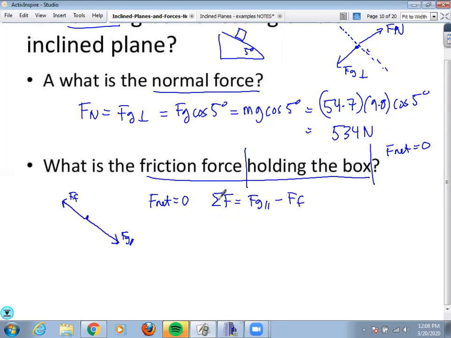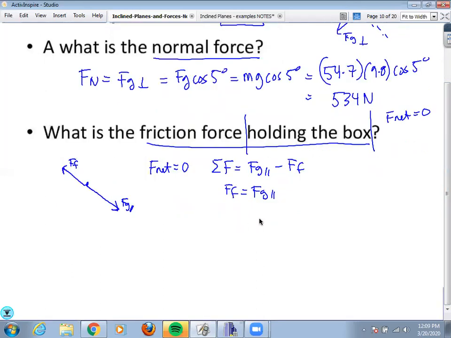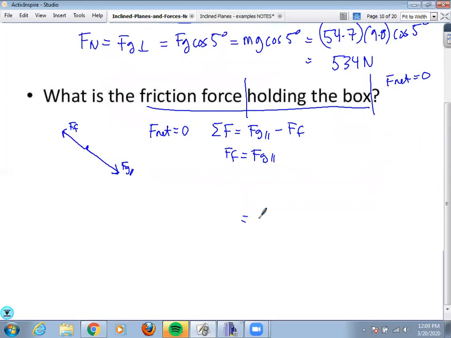If that is 0, force of friction then equals Fg parallel. Which allows us then to establish this. So if we just go mg, it'd be mg sine 5. So that would be 54.7 times 9.8 times sine 5 degrees.